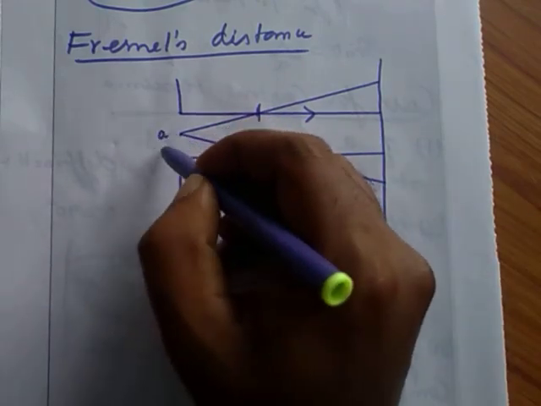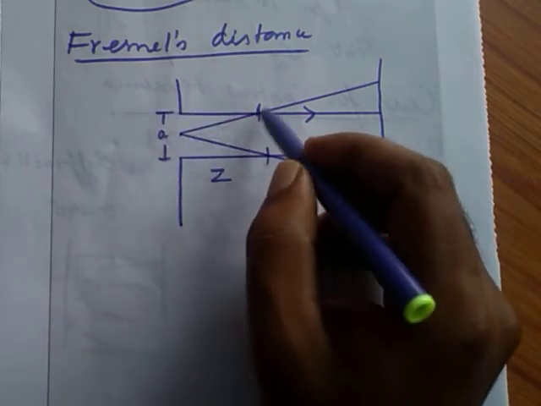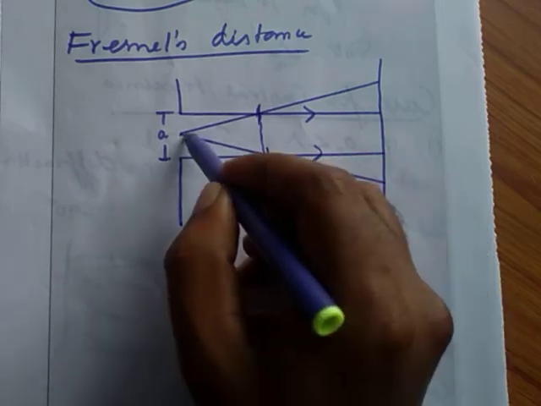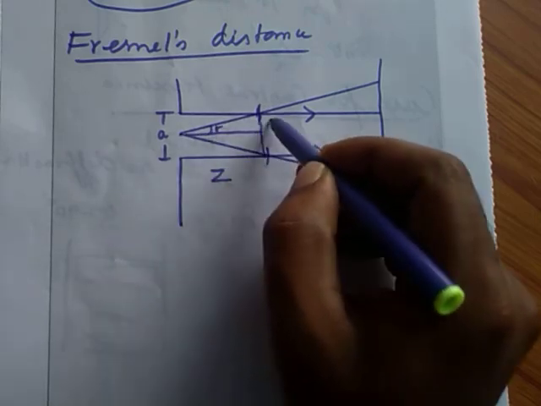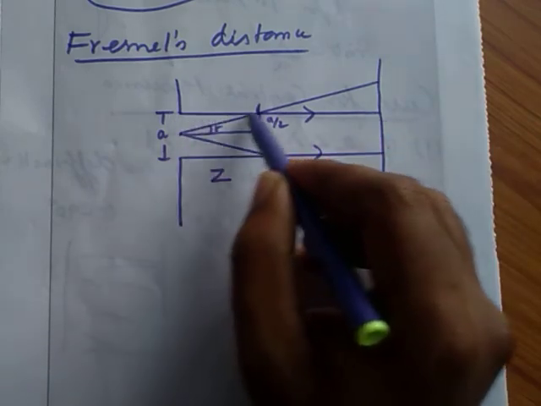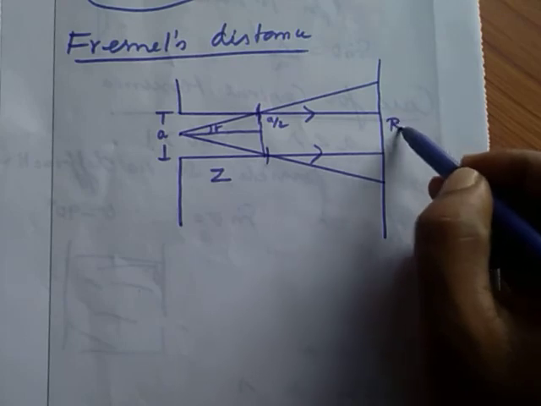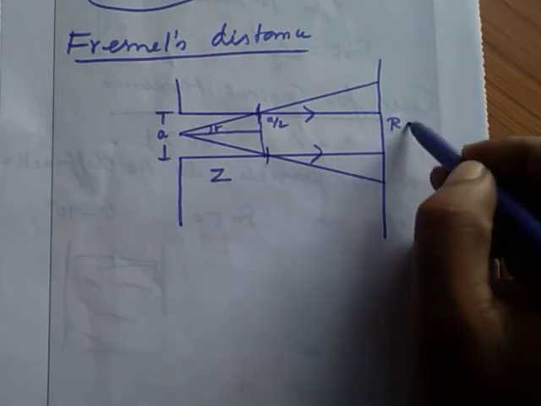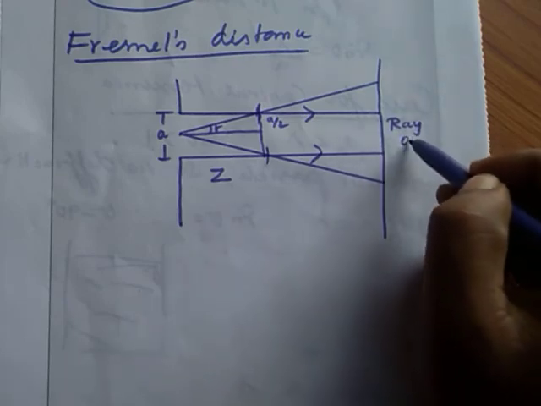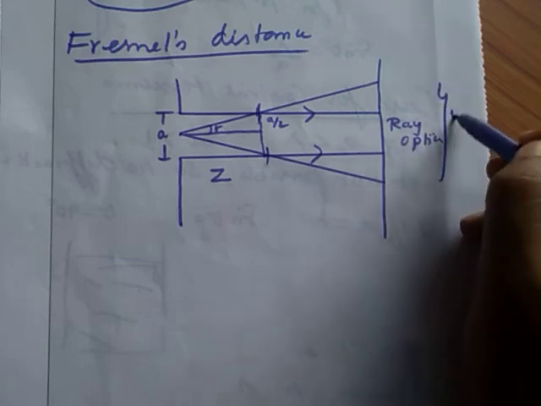Here it is the width of the slit. Here I drew a line, this is theta, so we can write this is A by 2. See, the ray of light always travels in a straight line from our ray optics. Up to this distance ray optics obeyed, beyond that wave optics obeyed.